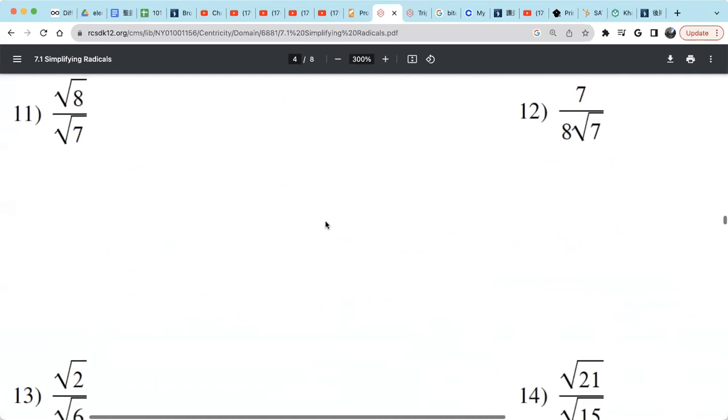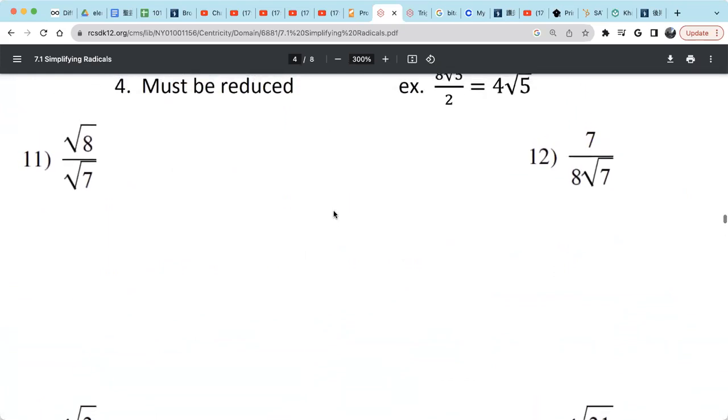Now let's see division. How do we divide two radical numbers? We need to have the same index for each root. So we check 11: both the numerator and denominator are under square root of 2. So we can put them together. Why do we like to put them together?